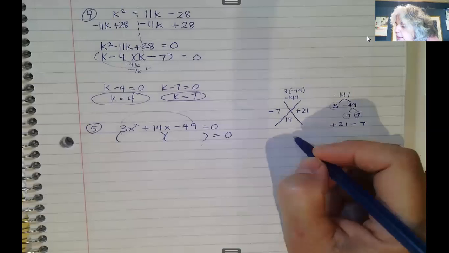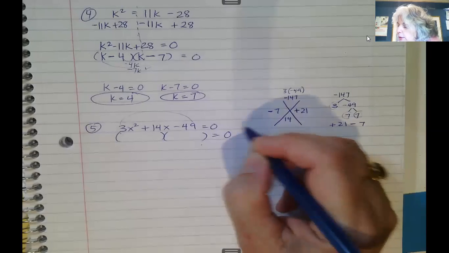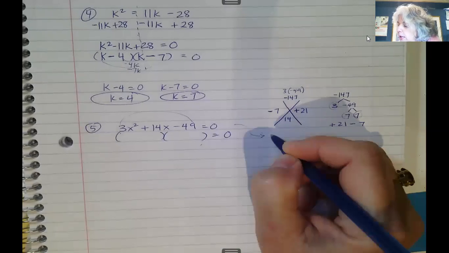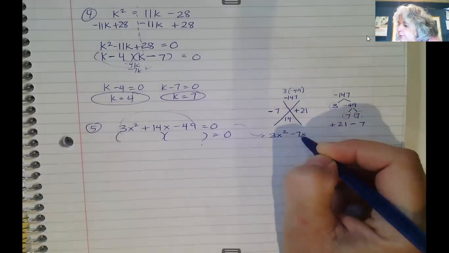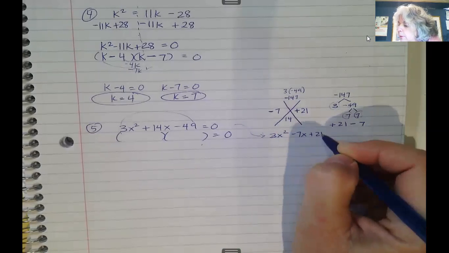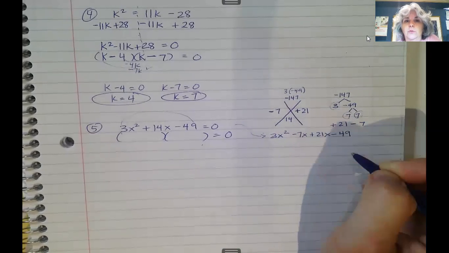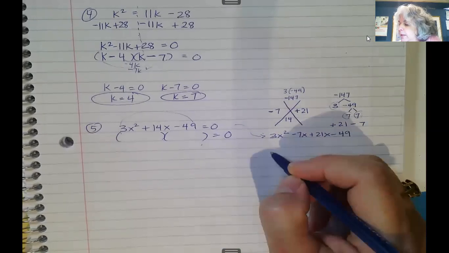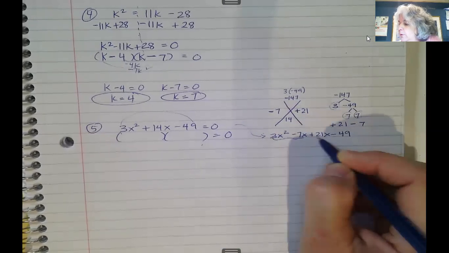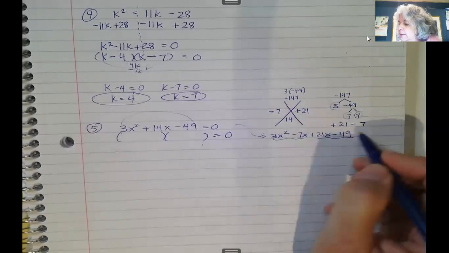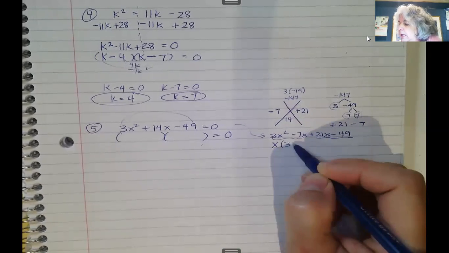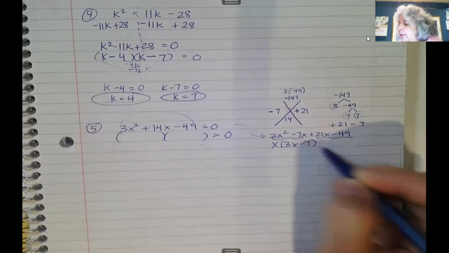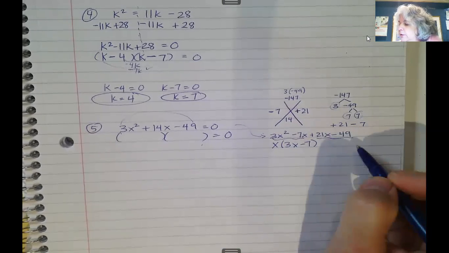All right, then remember what we do is we rewrite this: 3x squared minus 7x plus 21x minus 49, and then we factor by grouping. The only common factor here is x. So I factor that out, 3x minus 7. The common factor here looks like it's going to be a positive 7.